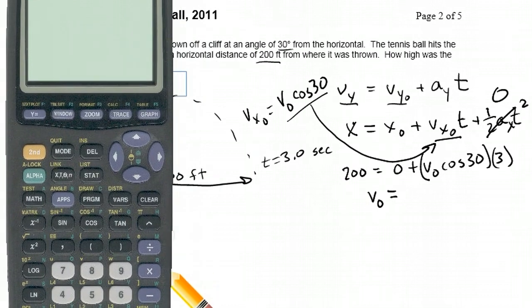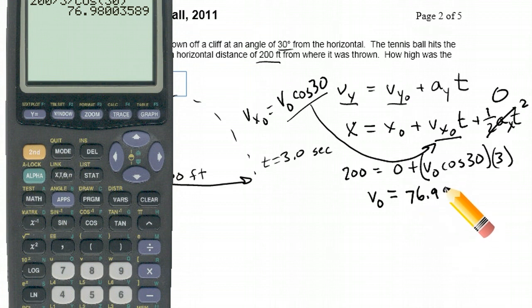Plugging it into the calculator, 200 divided by 3 divided by cosine 30. Velocity of about 77 feet per second, 76.98. This was in feet, and this was in seconds.